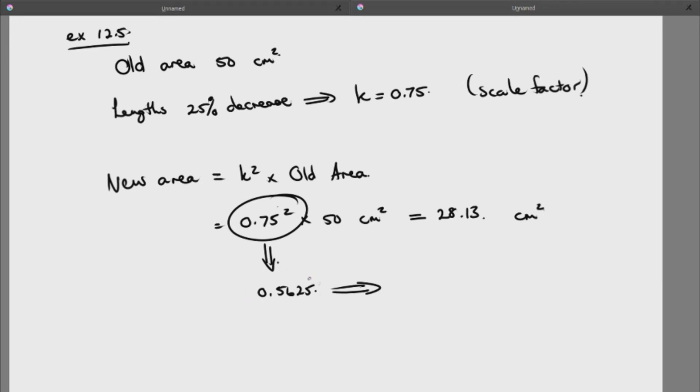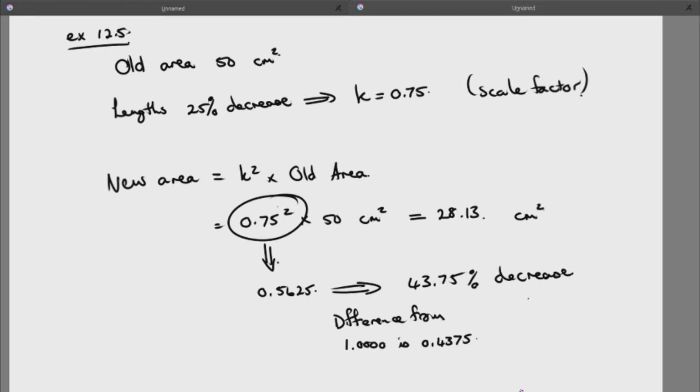If I just use this area factor, I will say here, difference from 1.000, however many zeros I need, is 0.4375. And therefore it's a 43.75% decrease.